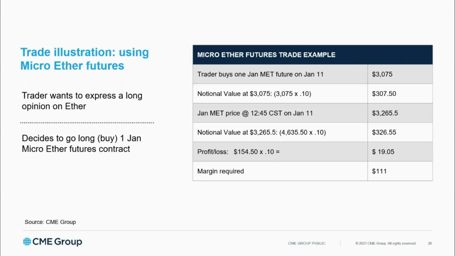And what they're telling us is that they're seeing two things. One, they're seeing current futures customers of theirs trade our market, or trade these micro Ether products to express an opinion, either a long or short opinion, or manage some physical risk that they have on the spot market.